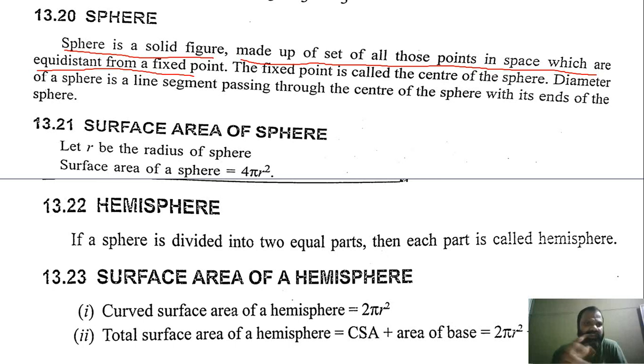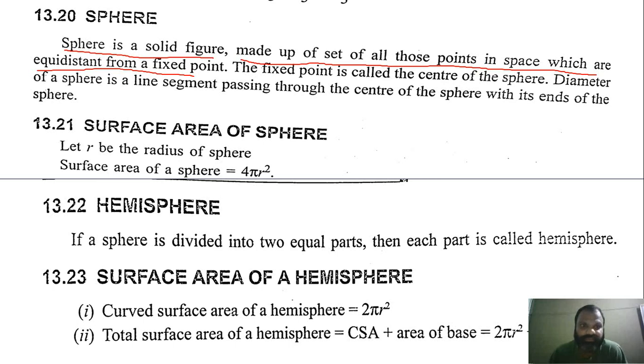Similarly, the definition of a circle. The fixed point is called the center of the sphere, and the diameter of a sphere is a line segment passing through the center of the sphere with its ends on the sphere.